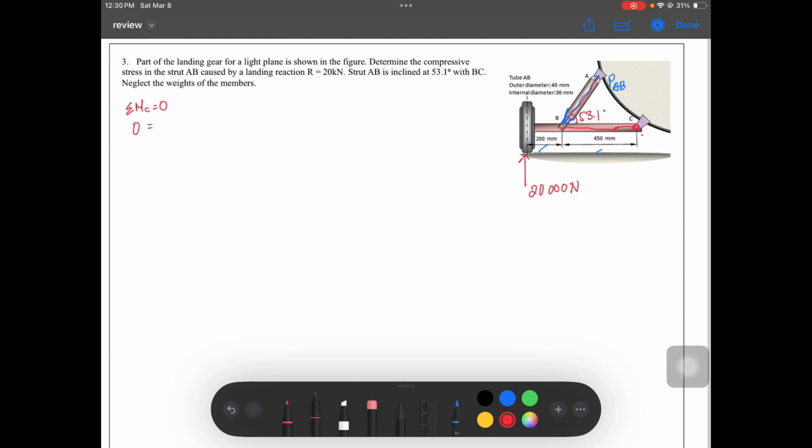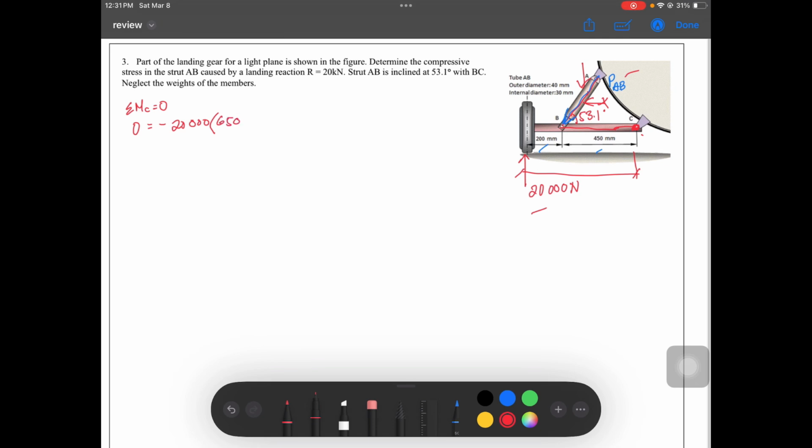That's why, pwede kang mag-moment sa C na 0 at walang moment sa point C. So, let's do yung summation of moment. Ang forces natin is ito at ito. Of course, yung horizontal component nito dadaan sa point C. So, neglect mo yun. Vertical lang ang magkukos ng moment about C. So, 20 kilonewton is clockwise. So, negative 20,000 times ano ang moment arm niya from this point hanggang point C. It is 200 plus 450 mm.